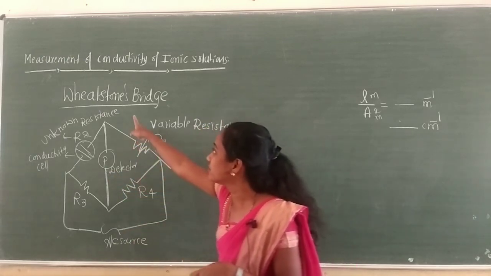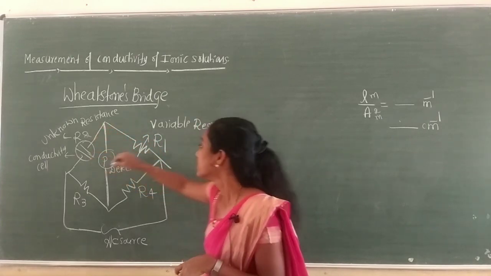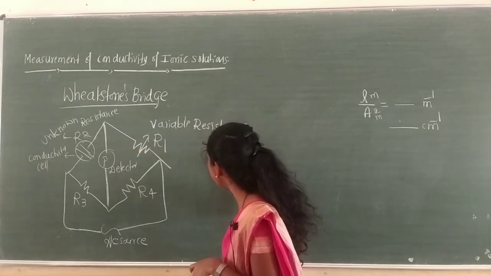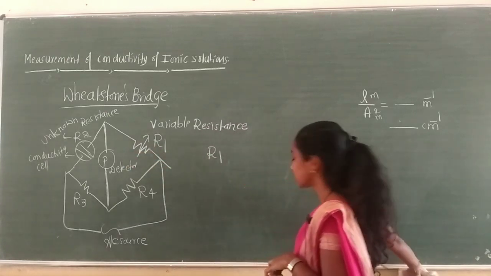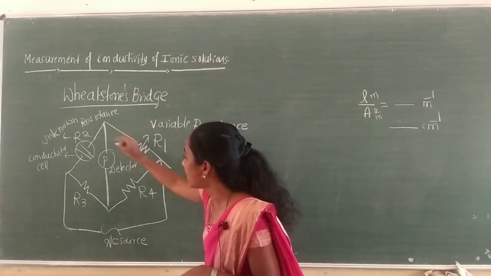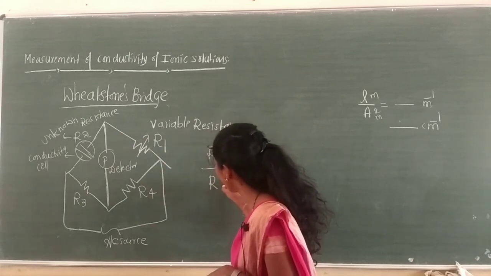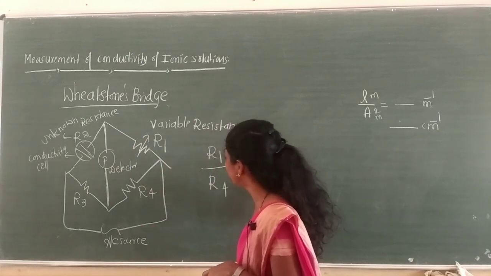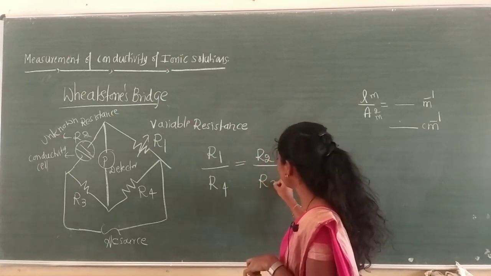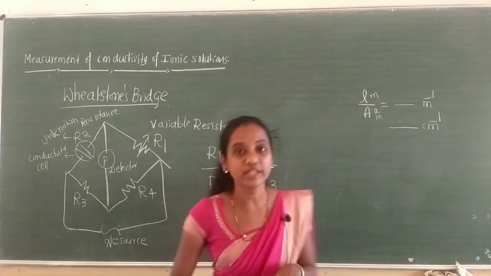So by applying Wheatstone's principle that is there in your physics syllabus, I'll write like this. After the circuit is balanced, we can write R1 divided by R4 is equal to R2 divided by R3, where R2 is the unknown resistance.